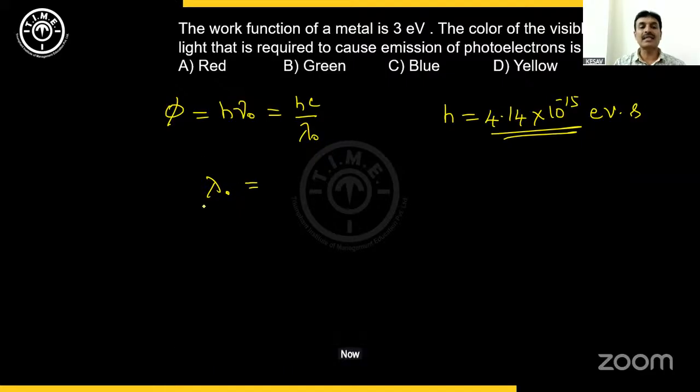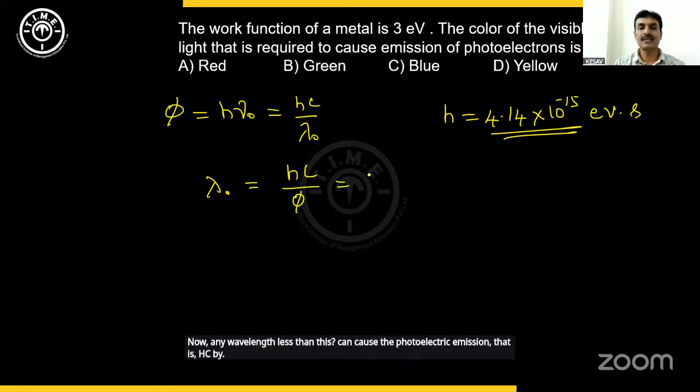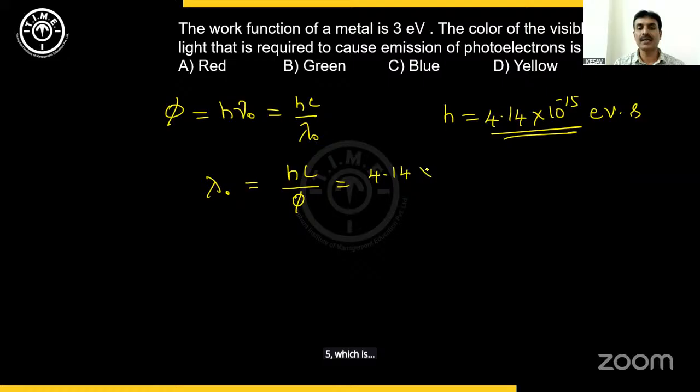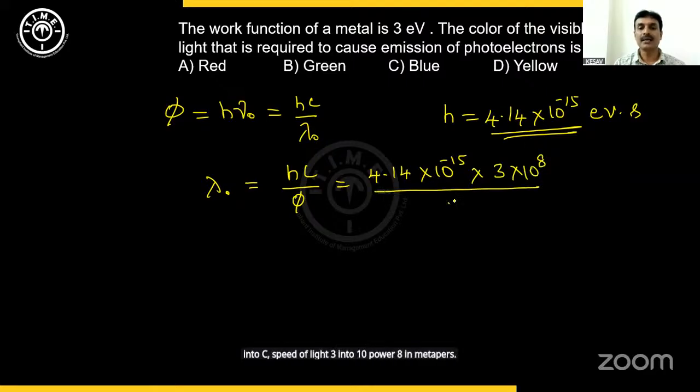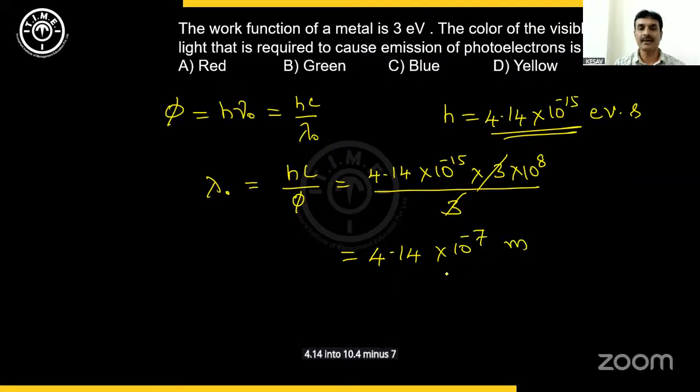Now any wavelength less than this can cause photoelectric emission, that is hc by phi, which is 4.14 into 10 power minus 15 into c, the speed of light, 3 into 10 power 8 meter per second, by 3. Work function is given in electron volt, 3. So 3 and 3 get cancelled. You are left with 4.14 into 10 power minus 7 meter.